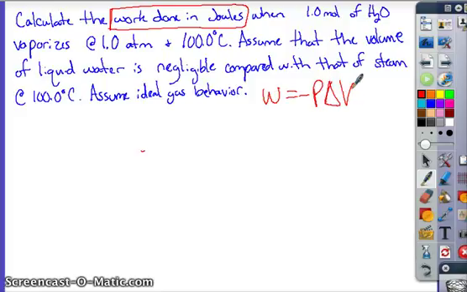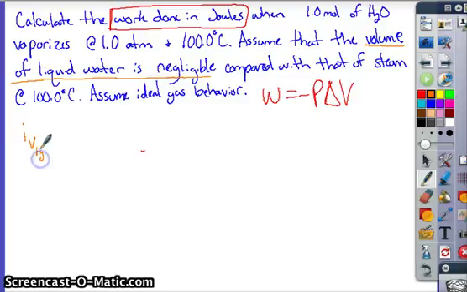We're going from a liquid to a gaseous state, but the question is including the fact that liquid water has a negligible volume. So we know the initial volume of H2O is equal to 0. We know that the final volume is what we need to calculate.